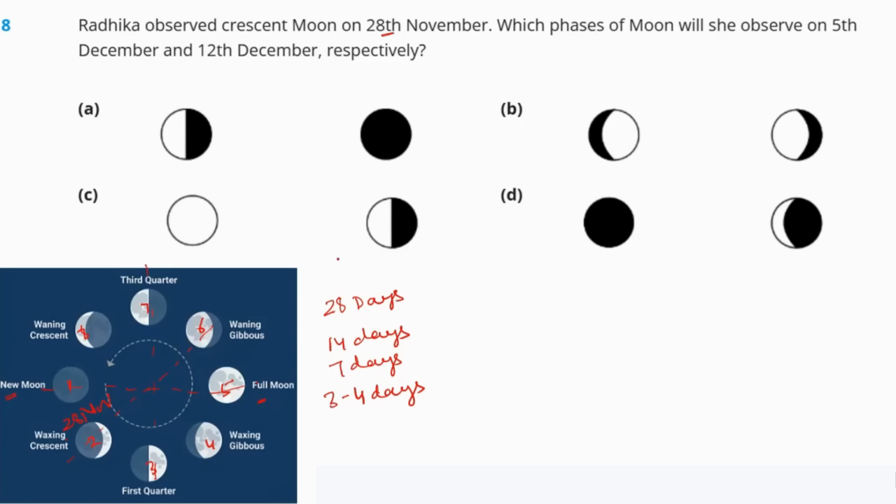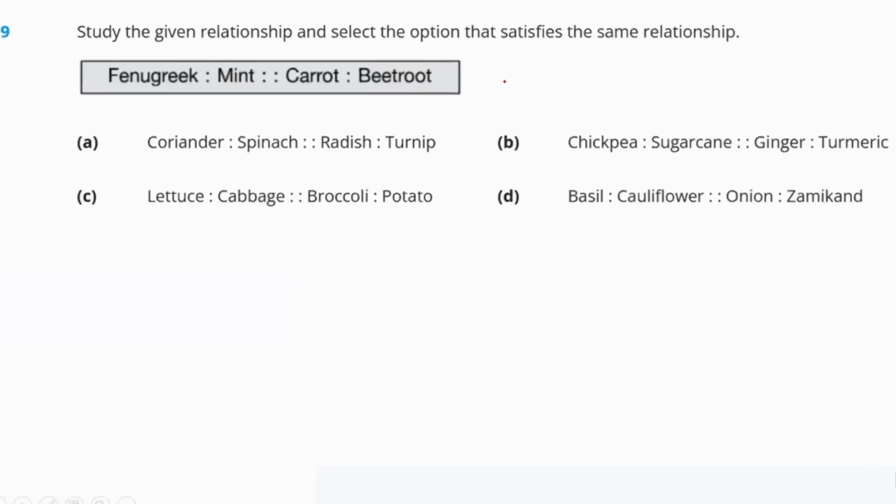So she would be observing a waxing gibbous moon there, right? And after 12th December, after one more week, it would be a waning gibbous. So our answer would be option B here. Okay, question number 9.